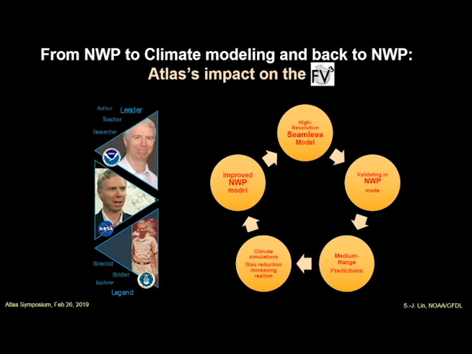And a nature run by definition is a very long run. To my view and my interpretation, it's actually just like a climate model. And then we identify the persistent long-term systematic bias in the model. And this would in fact bring back to the NWP and lead to an improvement.